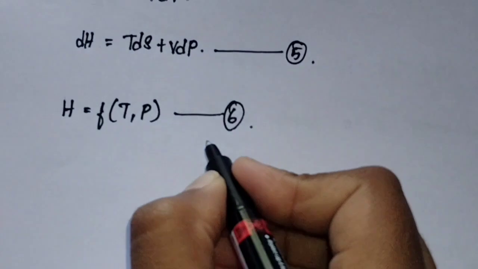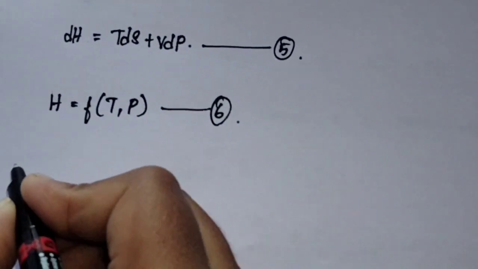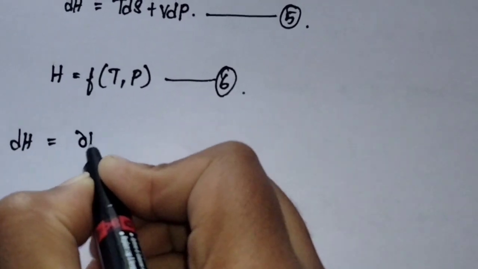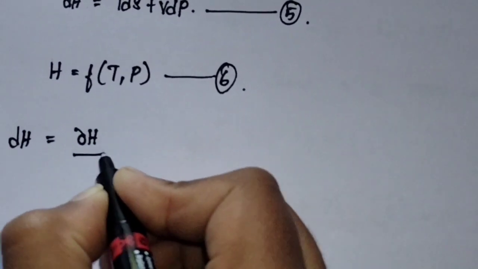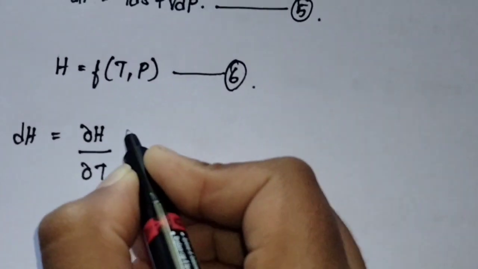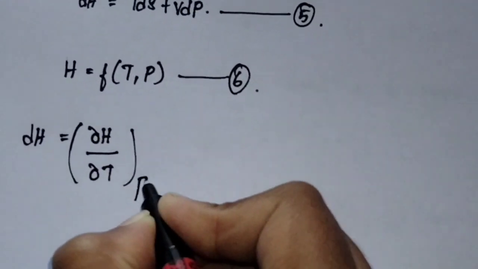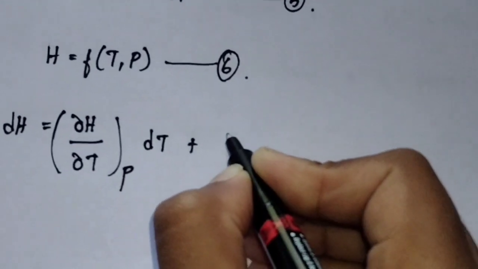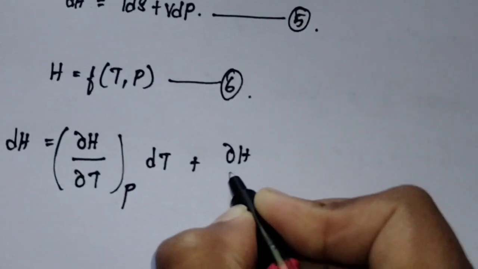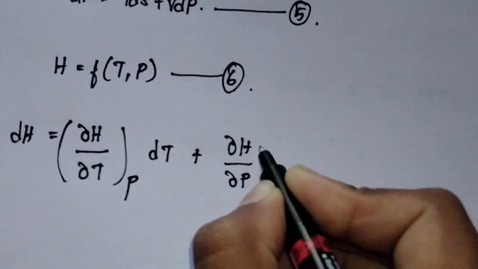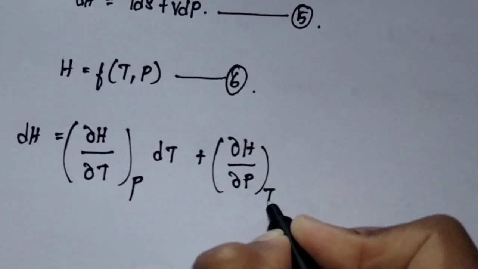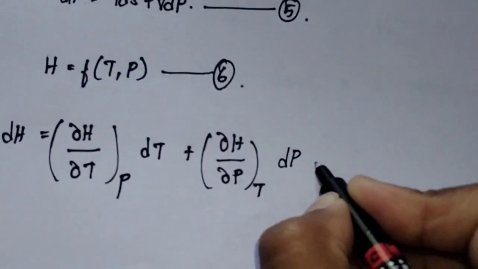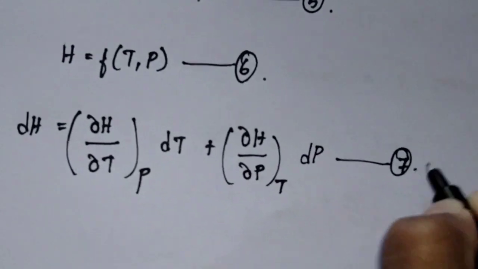While differentiating equation number 6, we get dH is equal to (∂H/∂T) at constant pressure times dT plus (∂H/∂P) at constant temperature times dP. So take this as equation number 7.